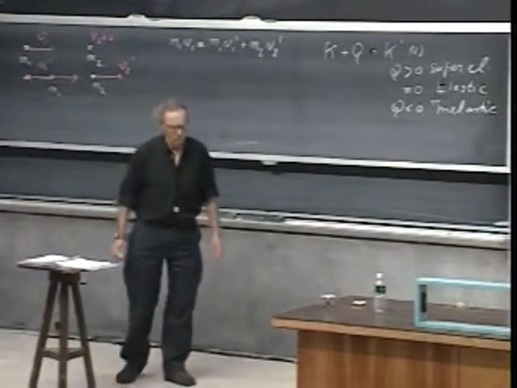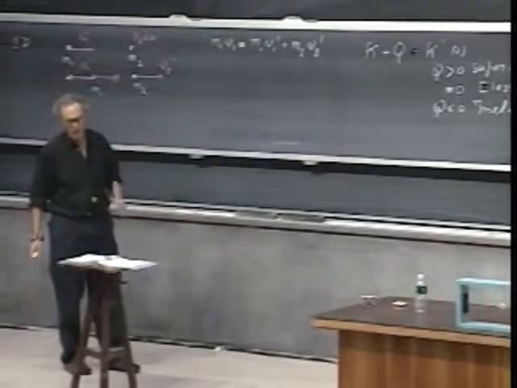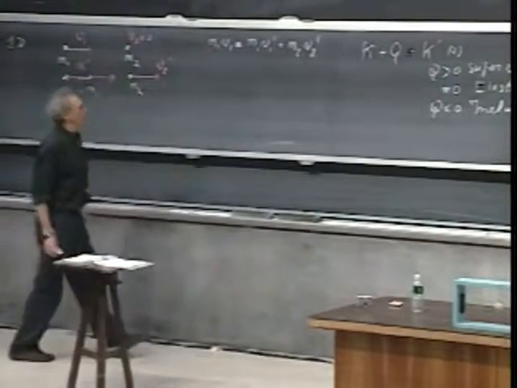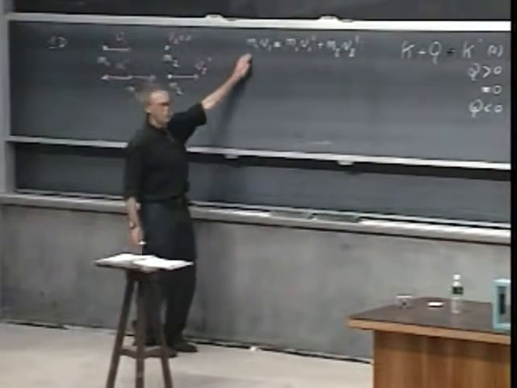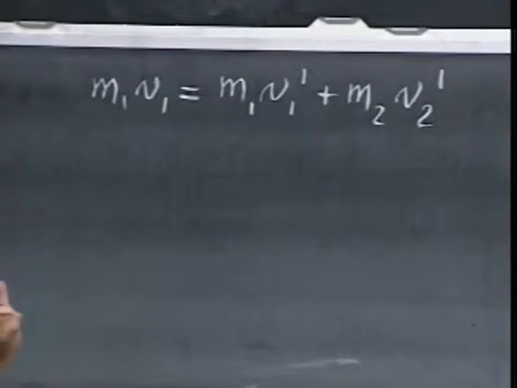Now I want to continue a case whereby I have a completely elastic collision. So q is 0. Momentum is conserved because there was no net external force. So now kinetic energy is also conserved.